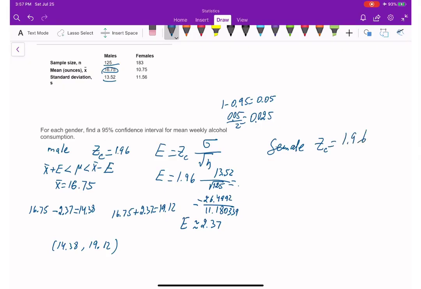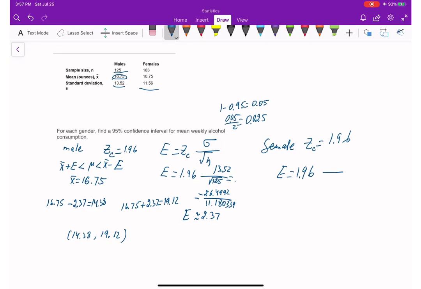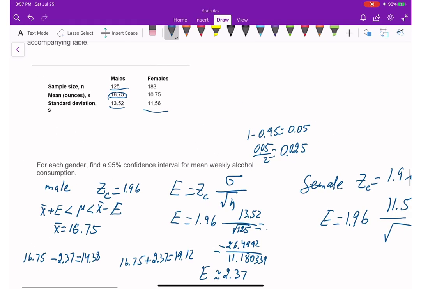And what do we have here? Margin of error is going to be Z critical 1.96 times sigma for female, our standard deviation here, 11.58, and divide by the square root of the sample size, which is 183.